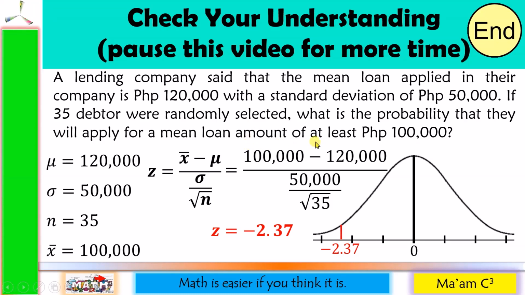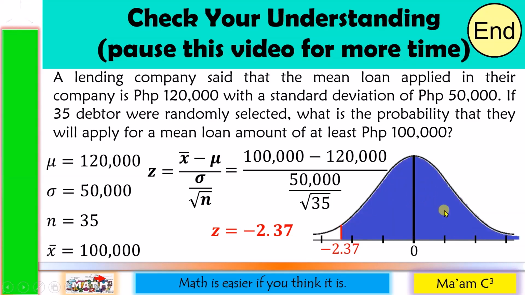Let us analyze at least 100,000. So at least negative 2.37, meaning the smallest value is negative 2.37. So this means going to the right. We know that half of a normal curve is 0.5, so we only have to look for this area.